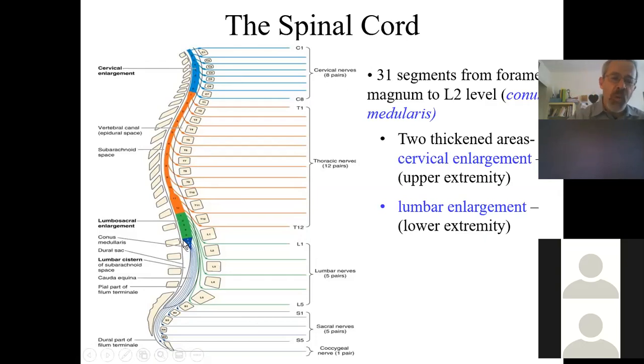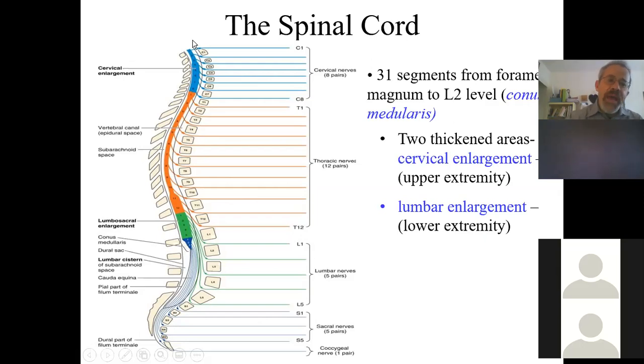Now you might think, well, what about this area, lumbar and sacrum? These are nerves that are radiating out, you can see, but the spinal cord itself ends right at what we call the L2 region. So it doesn't go all the way down, it ends right there. And it ends at a little cone-shaped portion called the conus medullaris. That's the name of where the spinal cord actually ends.